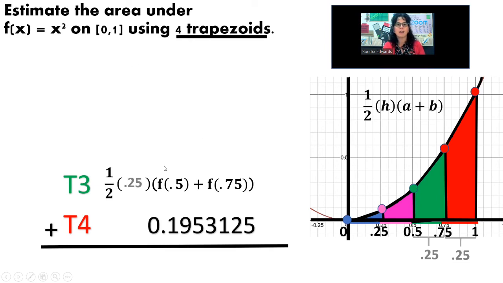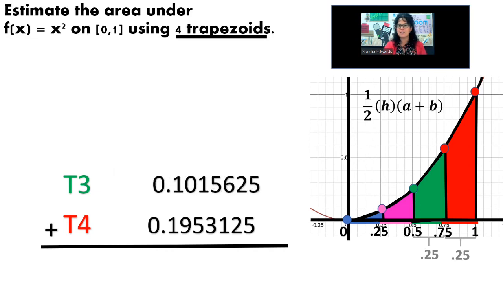We'll have 0.5 times 0.5. And then if I plug in 0.75, that's going to give me that distance. So 0.75 times 0.75. And then following the order of operations, I'm going to end up getting this for the area of the green one. We just keep on doing that.